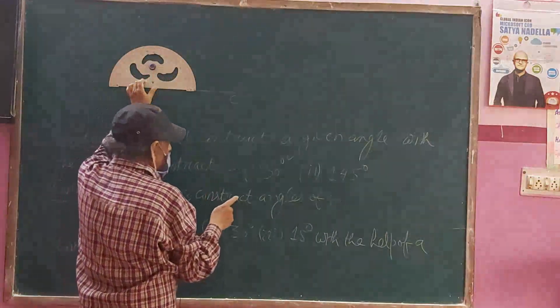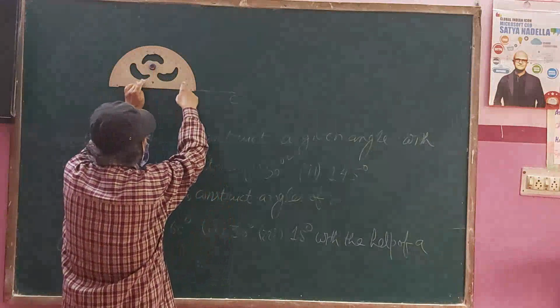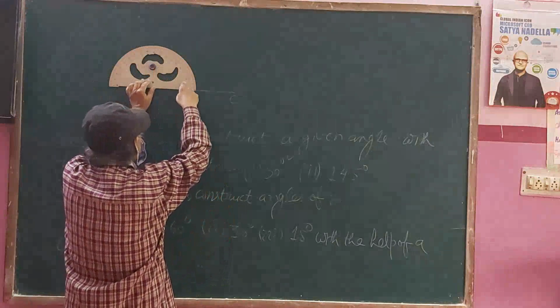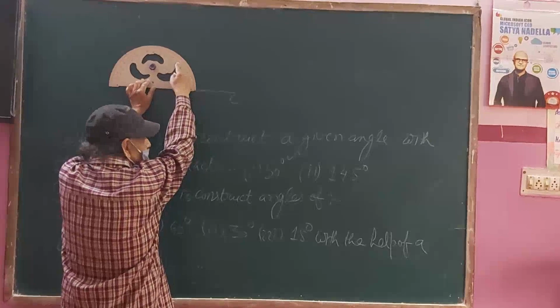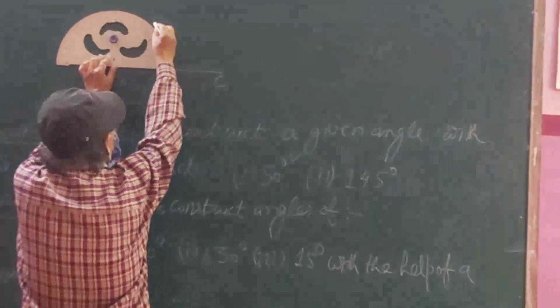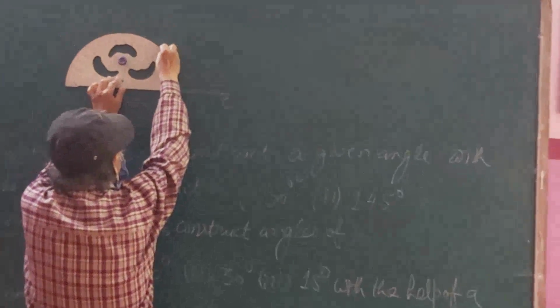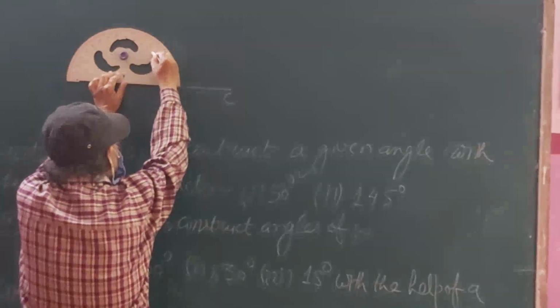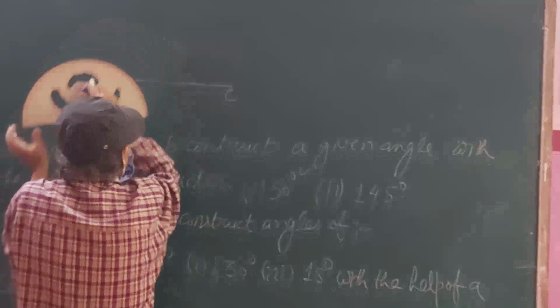The lower scale says 50 degrees. So you make a point here. The upper scale shows 130 degrees, but the lower scale shows 50 degrees, so it is an acute angle.